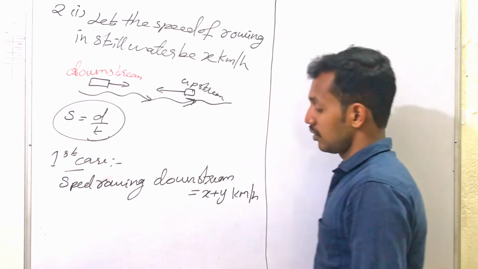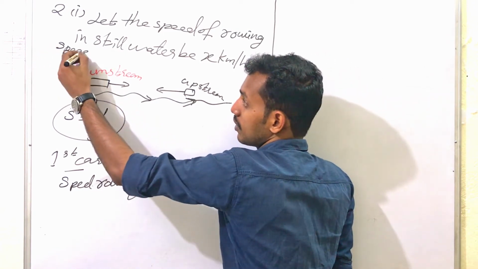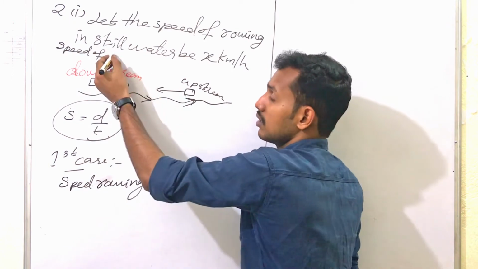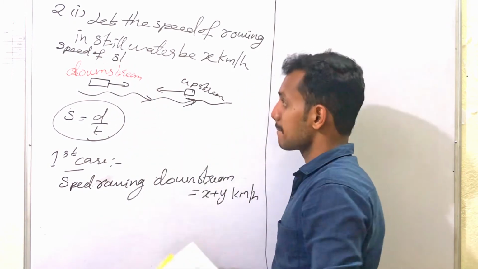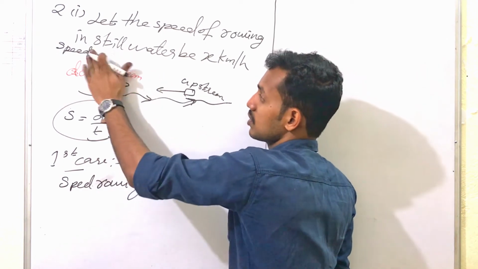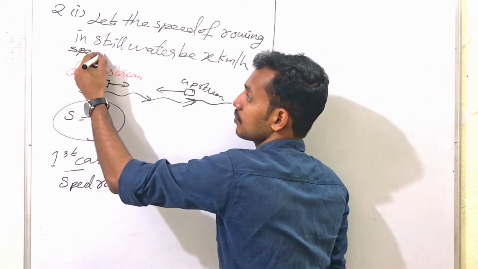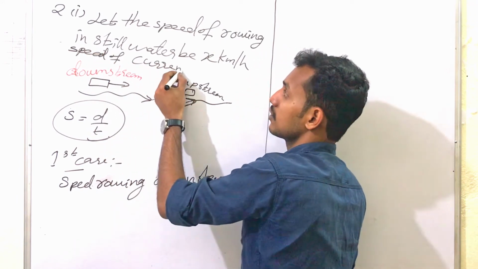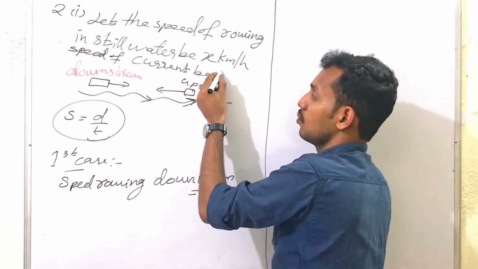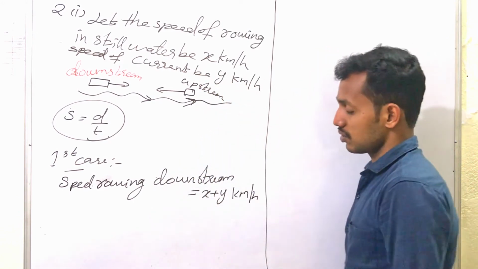What is y? Speed of the stream current. Let the speed of current be y kilometer per hour. Both variables we have. So that is x plus y.